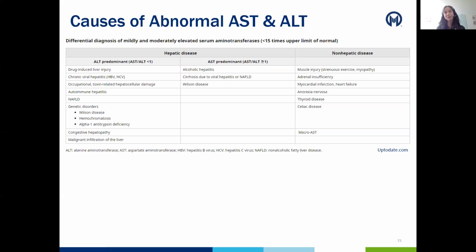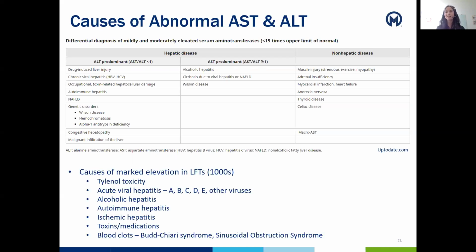There are more classical things that can cause severe increase in the transaminases, to the level in the thousands. Very commonly, things like overdosing on Tylenol, or an acute hepatitis infection of any of the hepatitis viruses, too much alcohol intake, or sometimes autoimmune disorders that can cause inflammation in the liver, or ischemic hepatitis, which is where you have a sudden lack of blood flow.